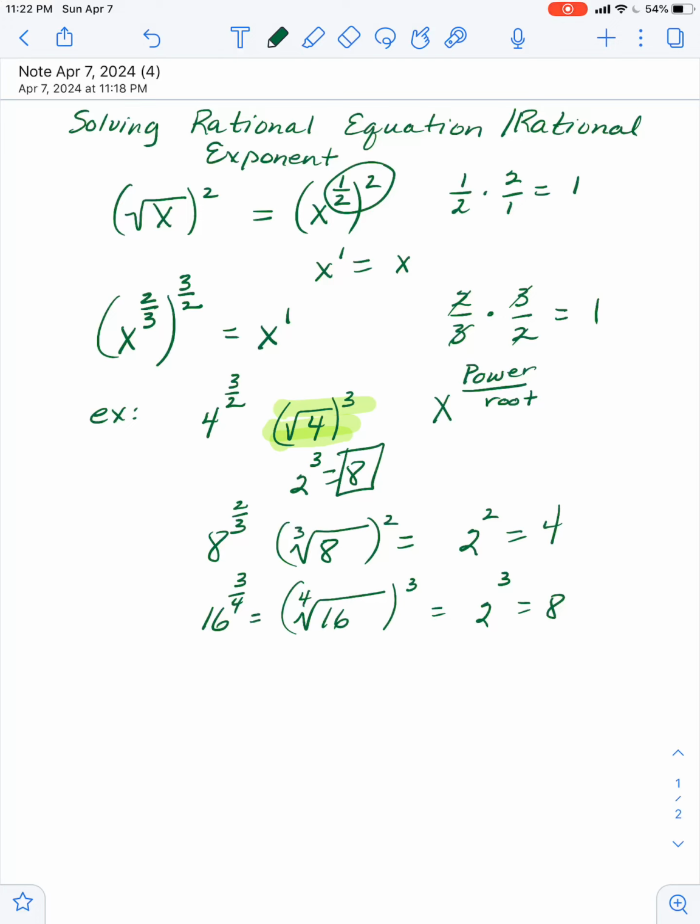Now, some of the ones you're going to get on the worksheet are going to get a little bit big in terms of numbers. So I'm going to show you two things in order to put them in your calculator. Some of you may already know that, and if you do, that's awesome.